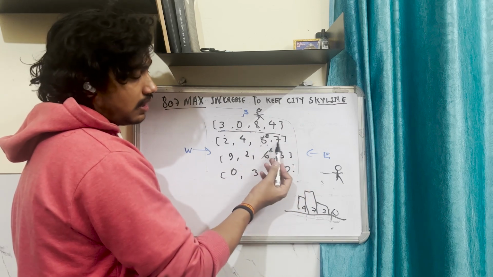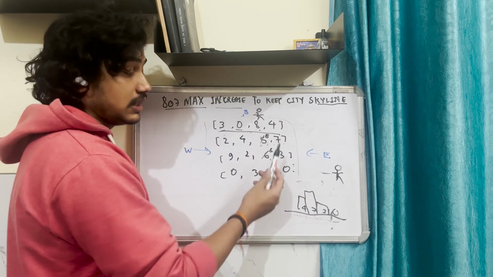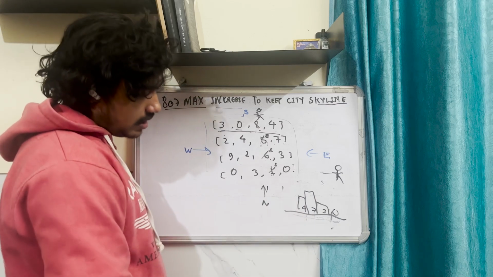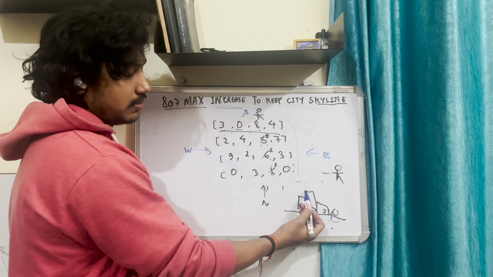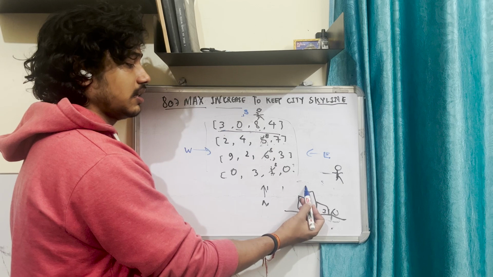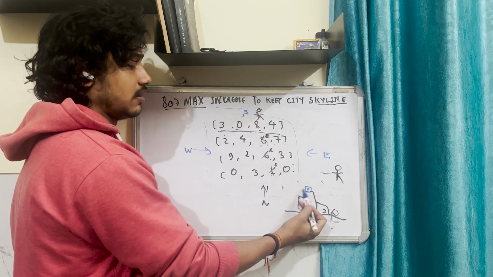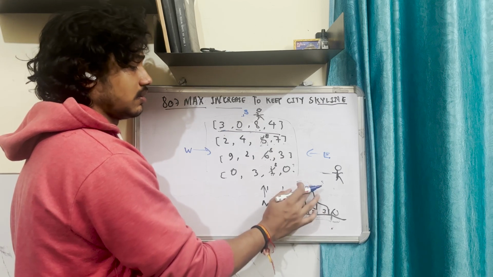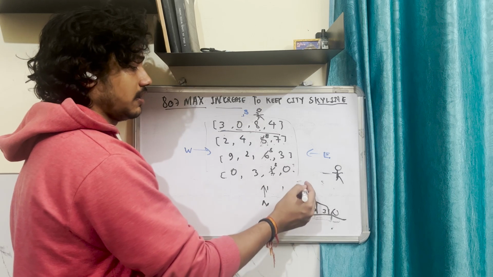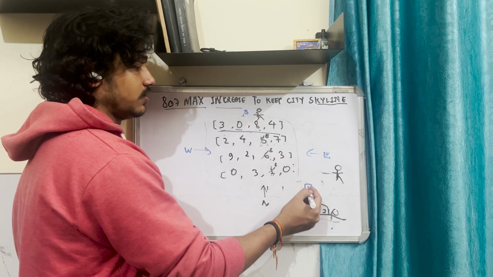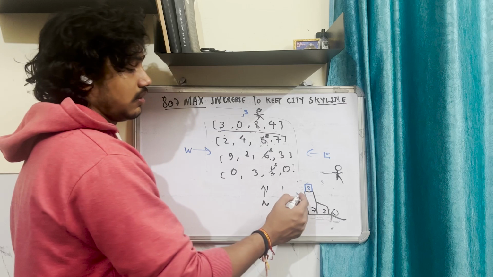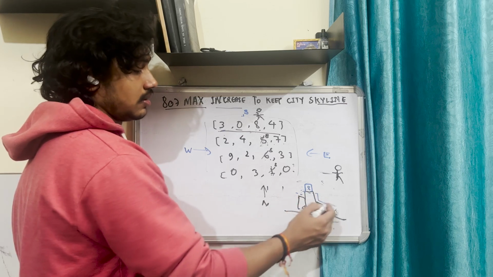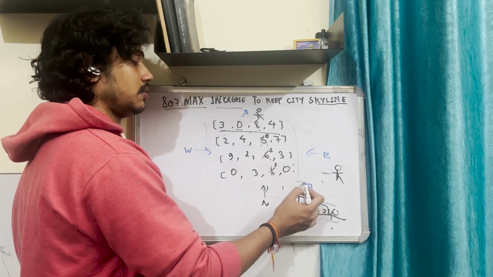But if you made a building of 8 just behind 7, there will be a building greater than this, with 8 floors. Let me draw it better. Of 8 floors. Okay, so earlier the skyline was here, but you changed it to this.